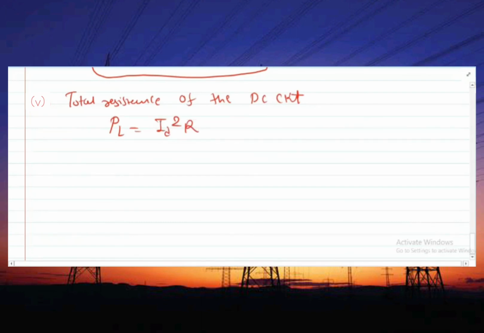You know the value of current ID, it is 1000 ampere. So you can easily calculate the resistance R. Your equation becomes R is equal to PL upon ID square. So PL is 50 into 10 to the 6, divided by ID square, which is 1000 square. So your resistance is 50 ohm.